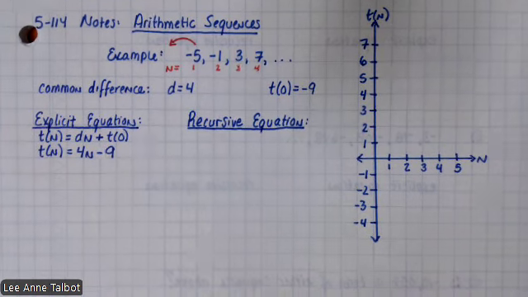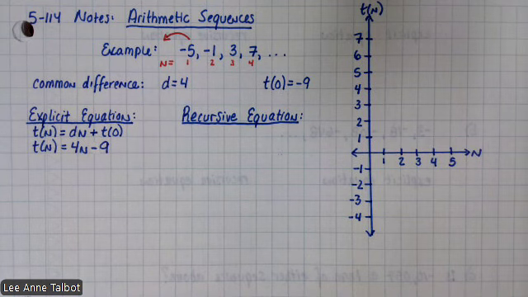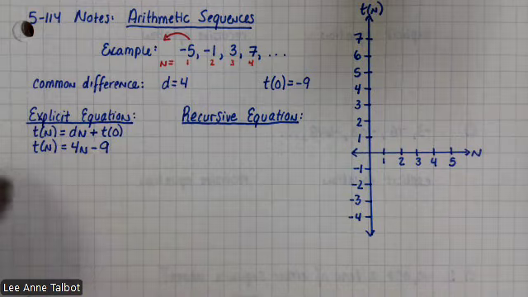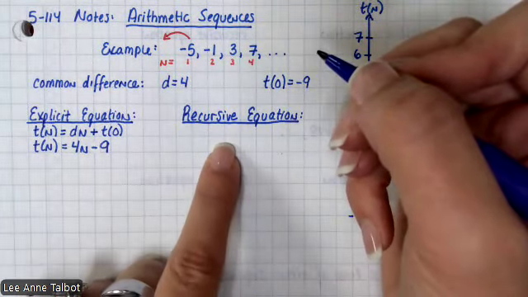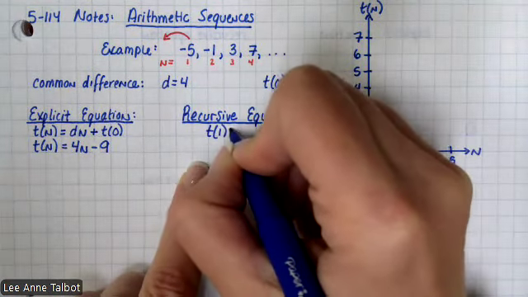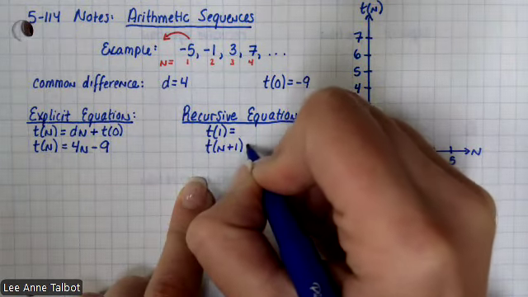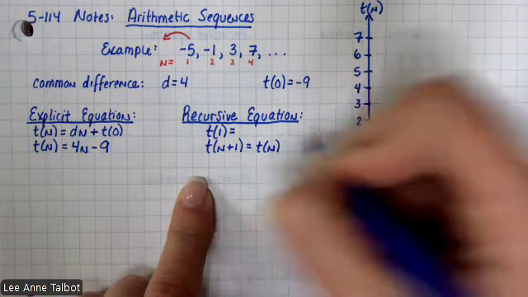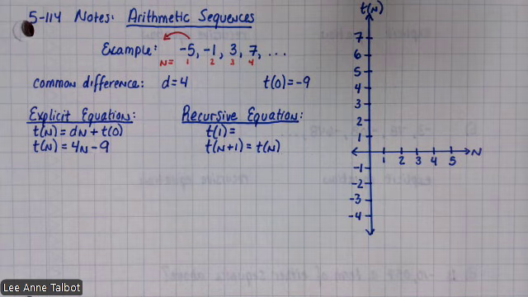Okay, recursive was the new thing that we did on Monday. We have not gone over this a whole lot, so this might still be confusing for you. If it is, that's totally okay. Recursive equations have the same exact setup, so they always look like this. You can just write down that part.